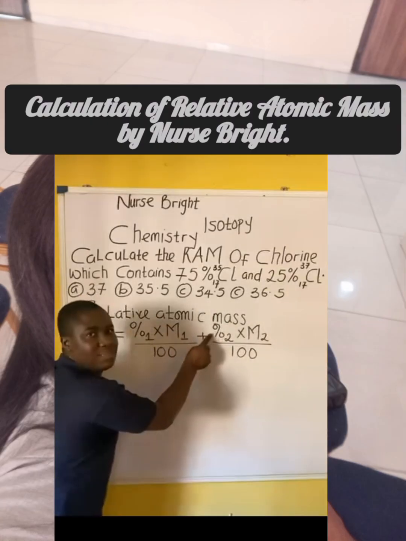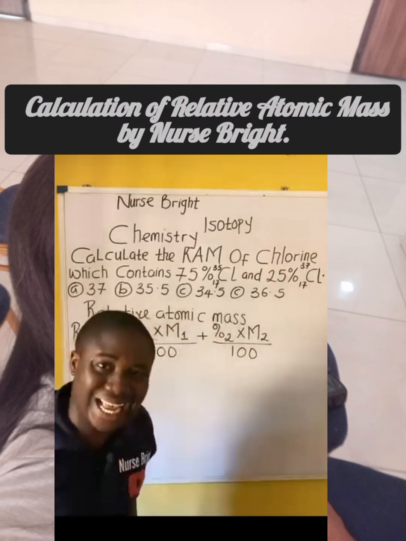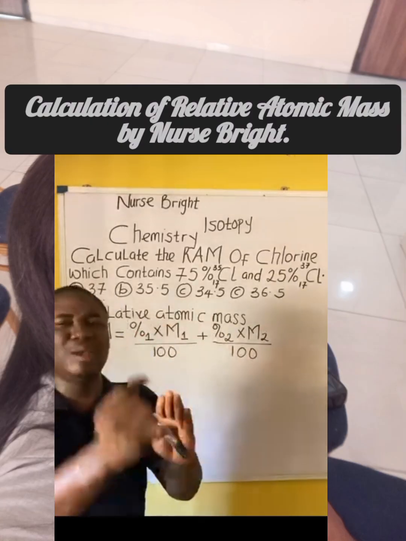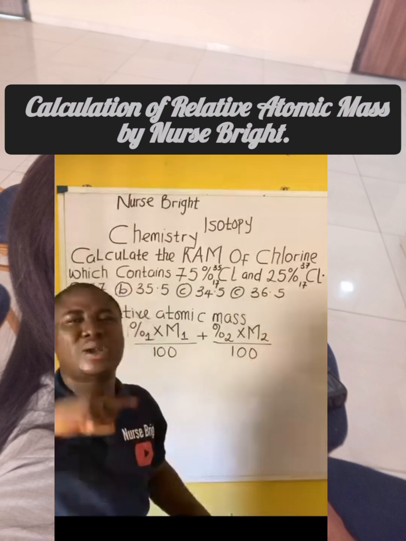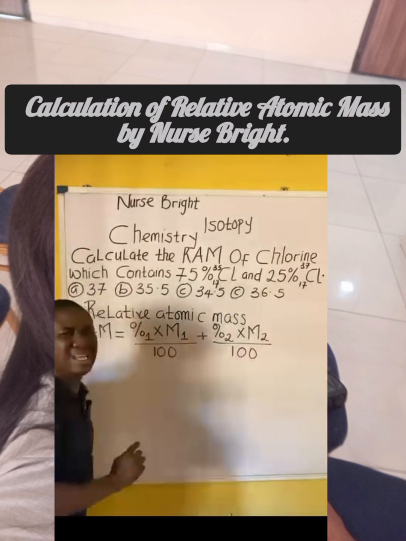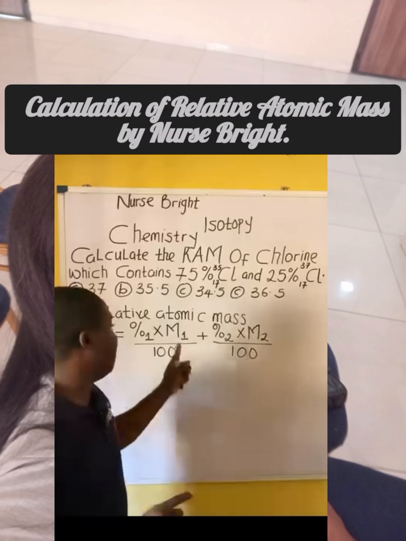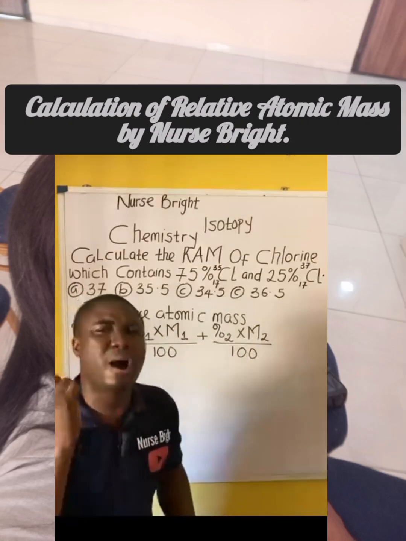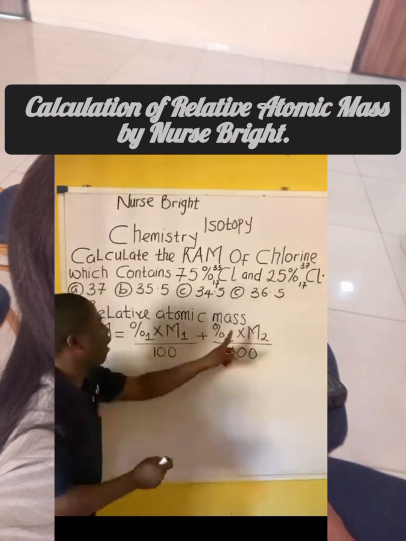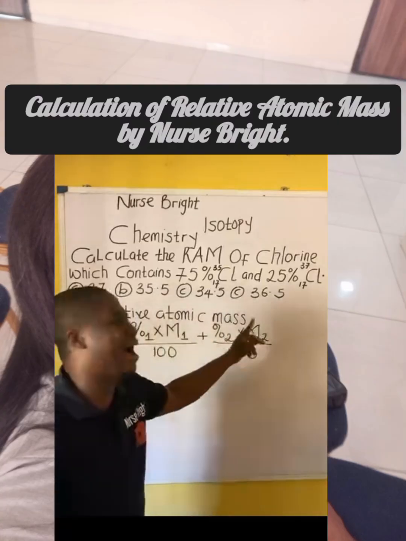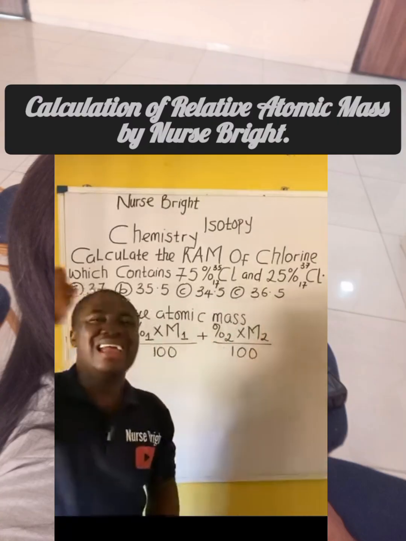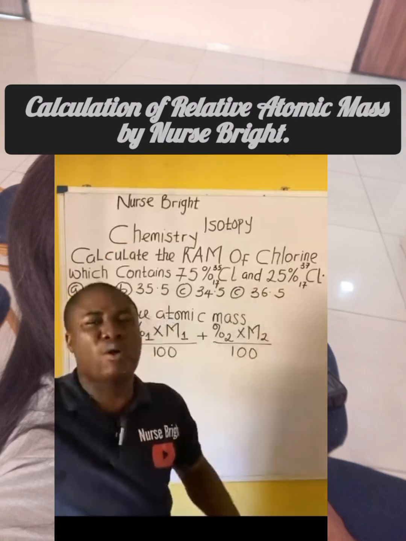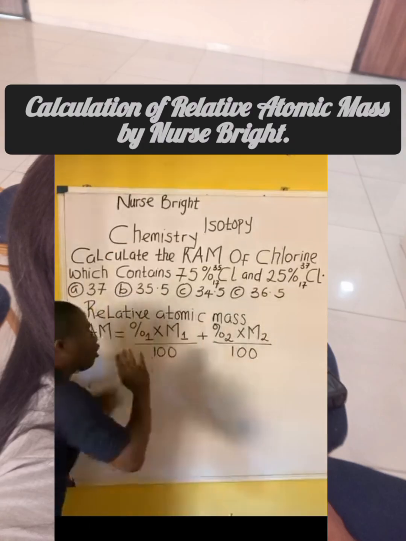Same applies to percentage 2: percentage abundance of the second isotope. M1 means mass number of the first isotope, and M2 is the mass number of the second isotope. Over 100, over 100.